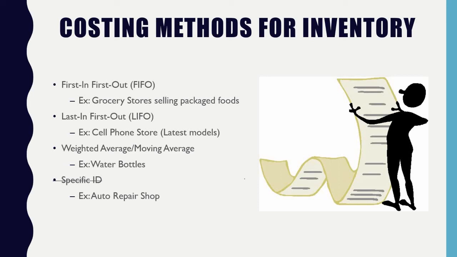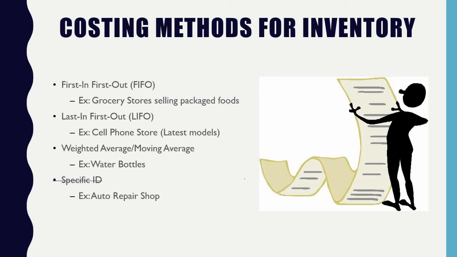Now, this is very typical for anything that is some kind of electronics company, because you're always going to have the latest and greatest being sold out, and those usually go first. So think of a typical cell phone store like Best Buy. They sell their products based on their models.